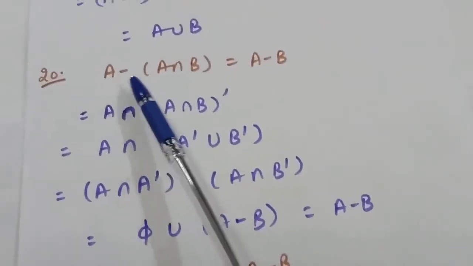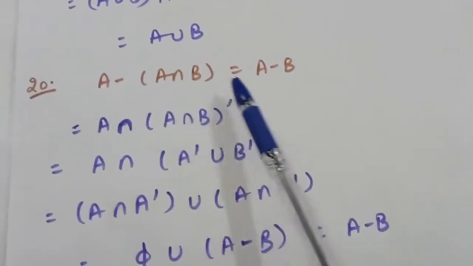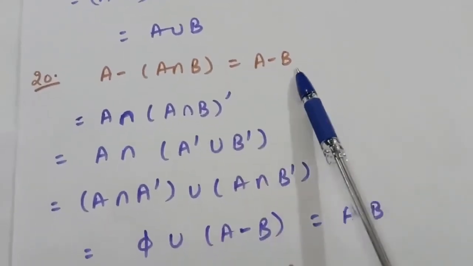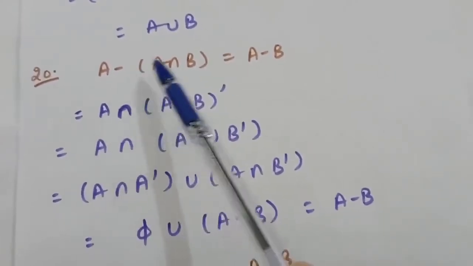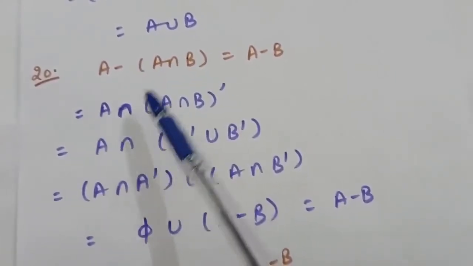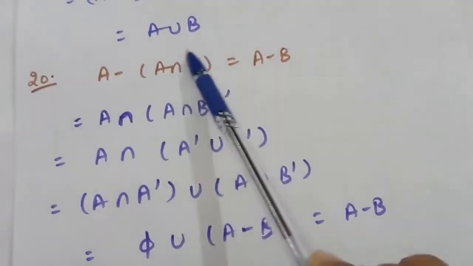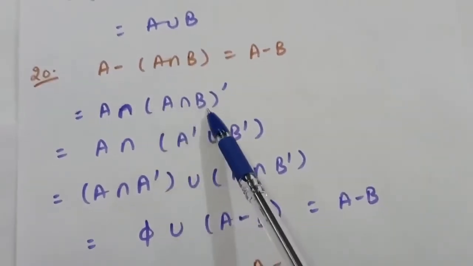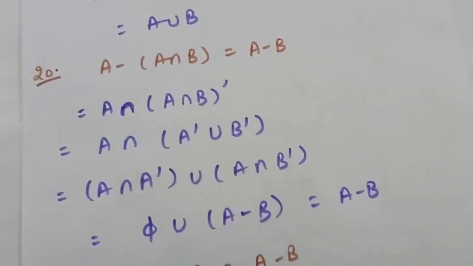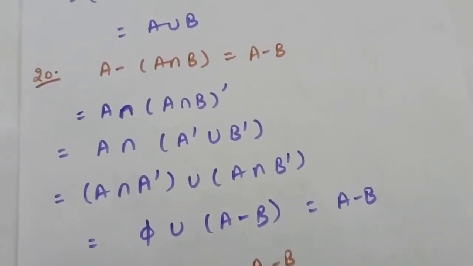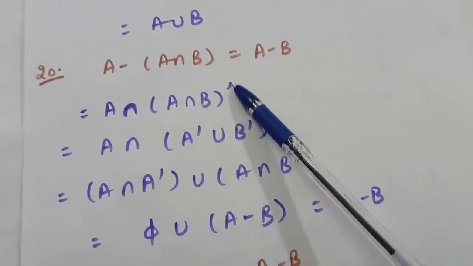Question 20th is A minus A intersection B is equal to A minus B. Again taking LHS, A minus, this is A intersection complement of the second set. So A intersection B whole complement. Now before using distributive law, right, we have to solve this complement.